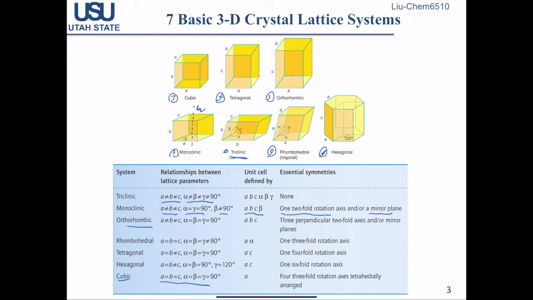For the rhombohedral, since all the lengths of the unit cell are equal in the 3 directions, you can have a 3-fold axis. That's along the diagonal between these 2 corners, and then you can have a 3-fold rotation, C3 rotation.